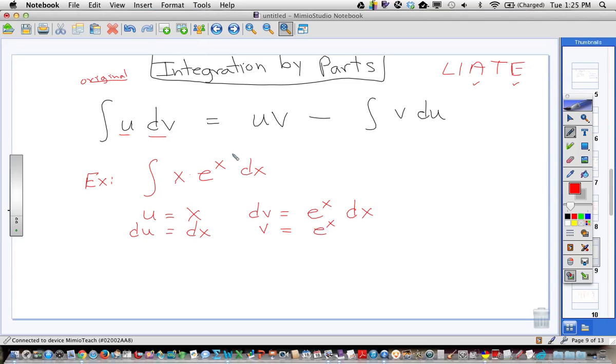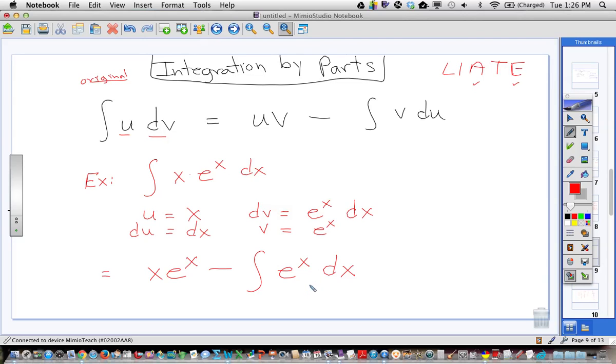Okay, now what we do is we plug into this formula. What this is saying is here's our original integral with the u's and the dv's in there, so this has got to be equal to this. We write u times v, so u times v would be x e to the x, minus the integral of v, which is e to the x, and then du, and du is just dx.